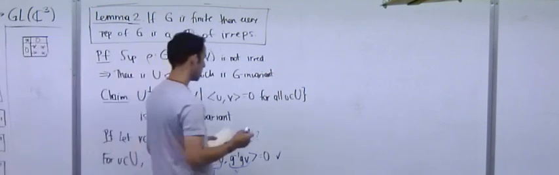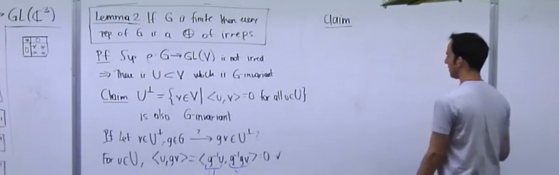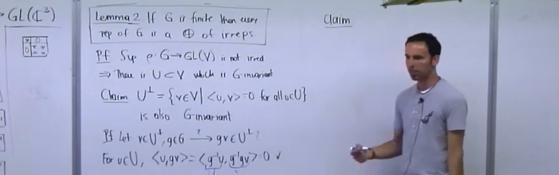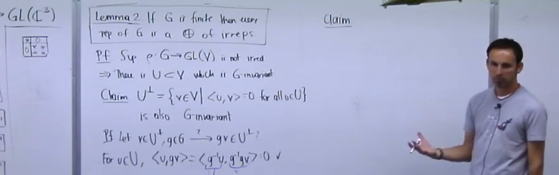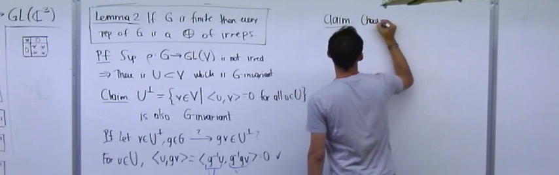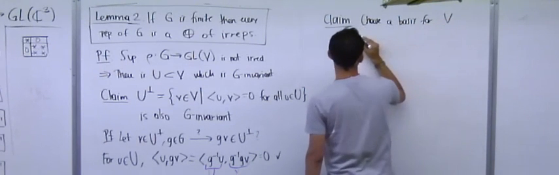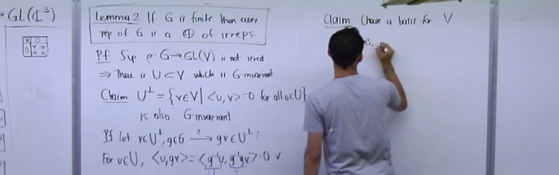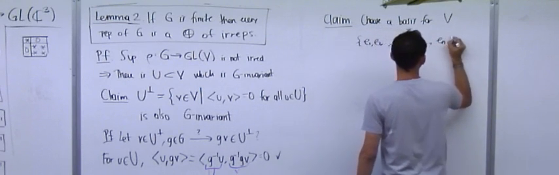But we're going to see that actually that's almost done. Here's the claim. We have V, right? We have a representation on V, and if we want to talk about this in matrix form, we need to choose a basis for V. So choose a basis for V, in the form, let's say, E1, E2, Ek plus 1, En.